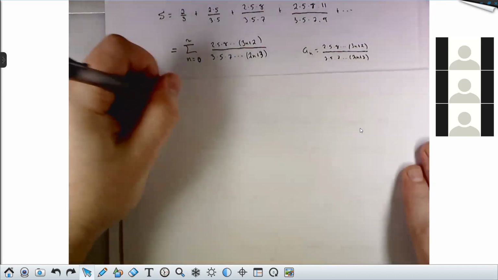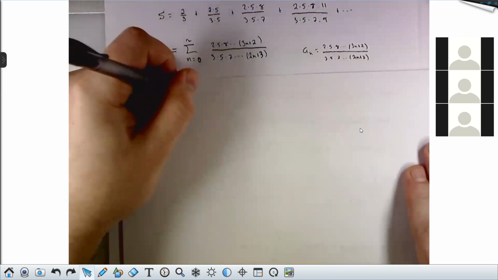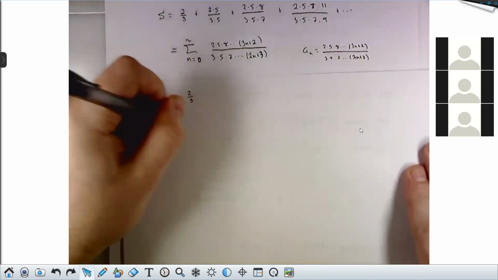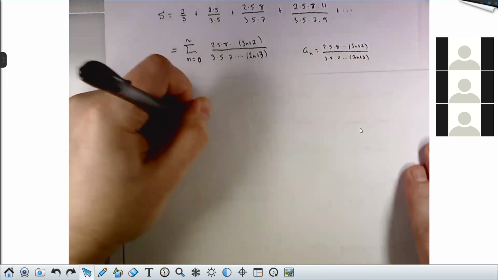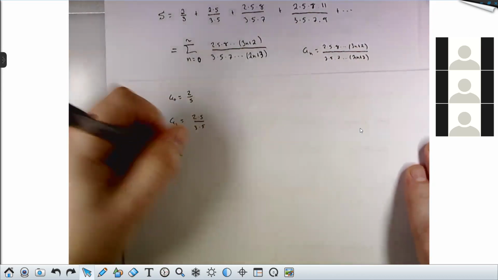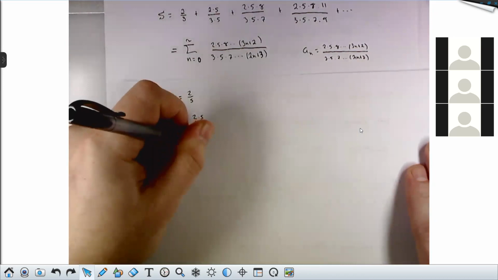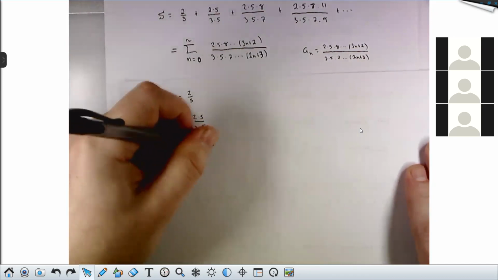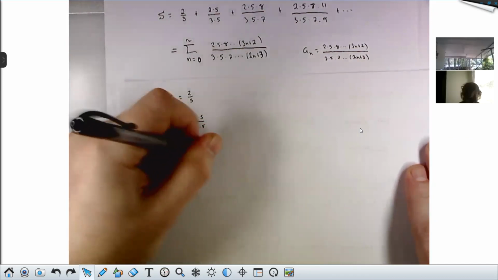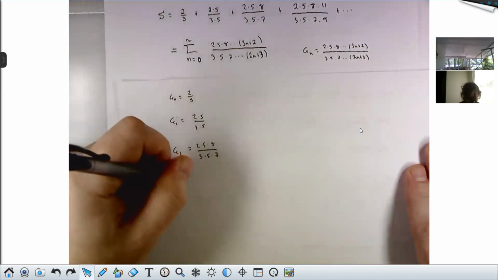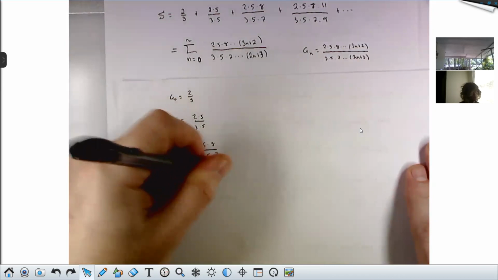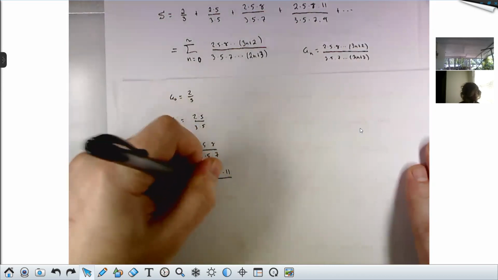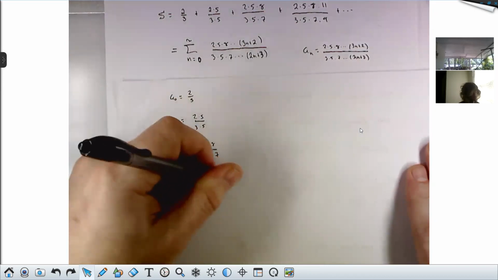So a_0 is just 2 over 5. a_1 is 2 times 5 over 3 times 5. a_2 is 2 times 5 times 8 over 3 times 5 times 7. a_3, continuing this pattern, would be 2 times 5 times 8 times 11 over 3 times 5 times 7 times 9.